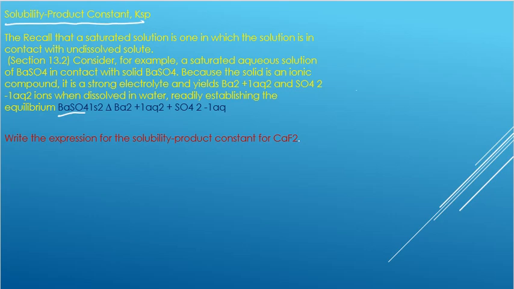So what they're simply saying here is that if we look at the dissociation of barium sulfate, which is a solid, we are going to get barium ion plus a sulfate ion.